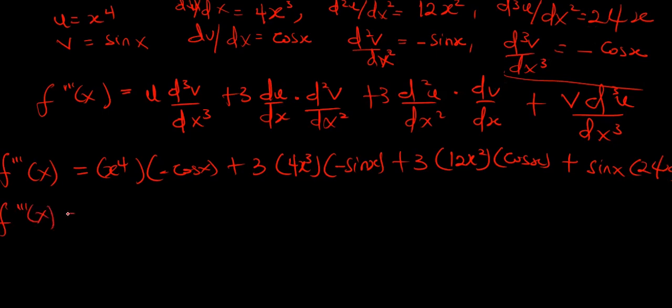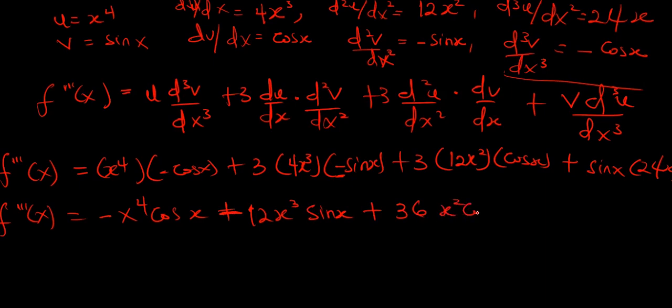So by expanding, we are going to get negative x to the power 4 cos x plus 12x³, sorry, minus rather, because you have negative sign here. We're going to get minus 12x³ sine x plus 36x² cos x plus 24 sine x.